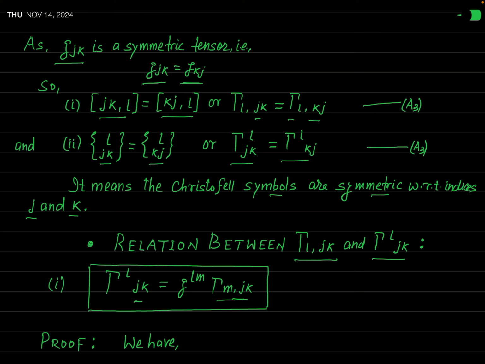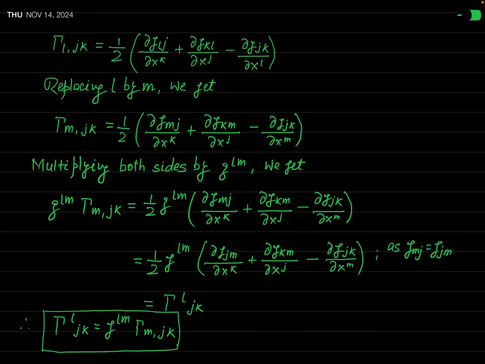In fact, you have seen the definition of the first kind of Christoffel symbol, that is Γ_l,jk. This is equal to 1/2 times (∂g_lj/∂x^k + ∂g_kl/∂x^j − ∂g_jk/∂x^l). You have seen the definition. Now, you know that the free indices may be changed.